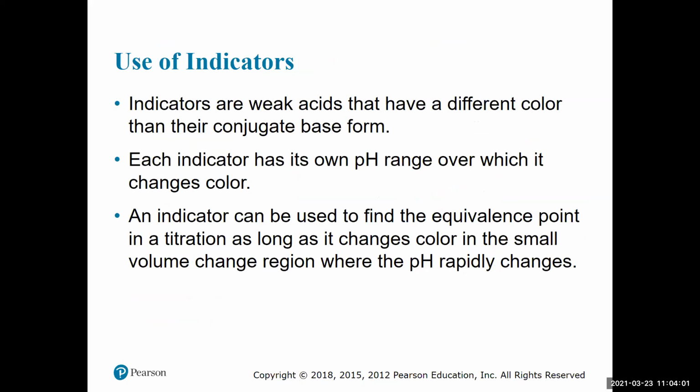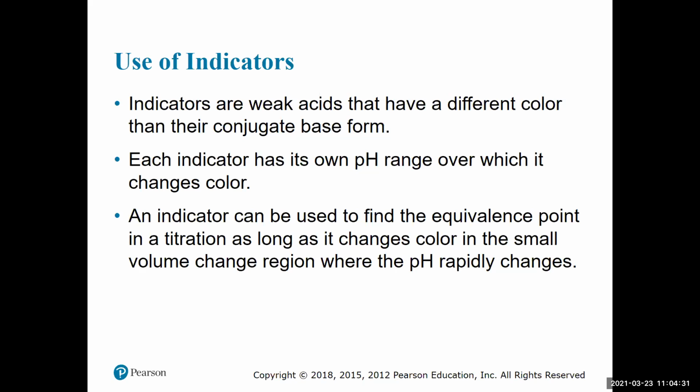So we talked about there's a couple ways we can do the titrations. One is indicators, chemical indicators, and the other is using a pH meter or something that measures potential. Well, indicators are usually weak acids, but they're simply chemicals that change colors as they go from acid to base or base to acid. And there's usually a finite pH range over which that happens.